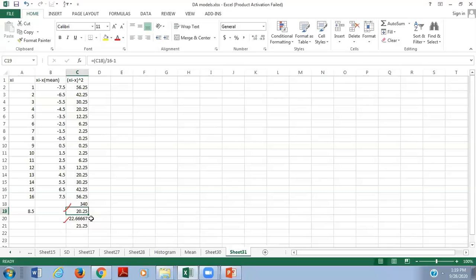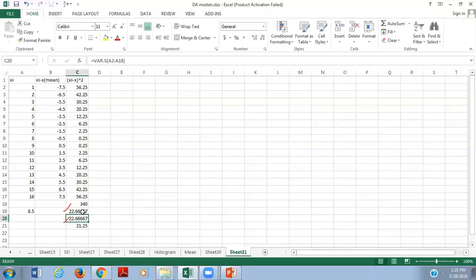So see why Excel is very important, because it works totally on the principles of mathematical calculation. And what we did here, we forgot to put the bracket sign. Now, due to this bracket sign, the 340 is divided by 15.